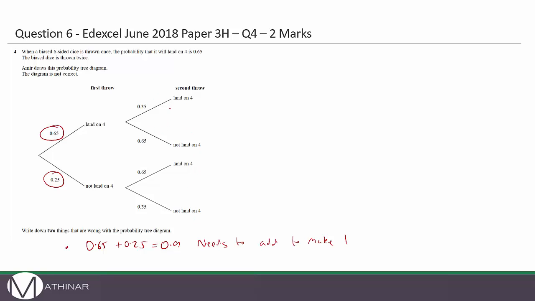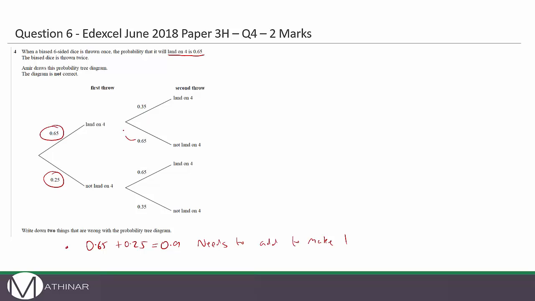He's throwing the same dice twice, so that should probably be 0.35 because of that. Over here, the probability of a 4 is 0.65, which is exactly what it says there. But over here, it says that the probability of a 4 is 0.35.